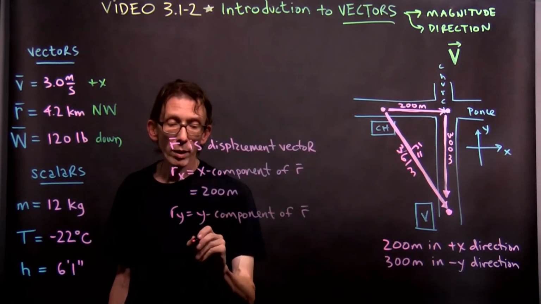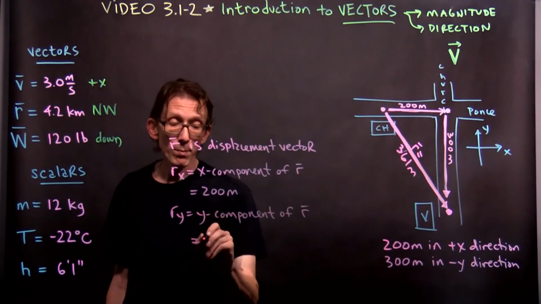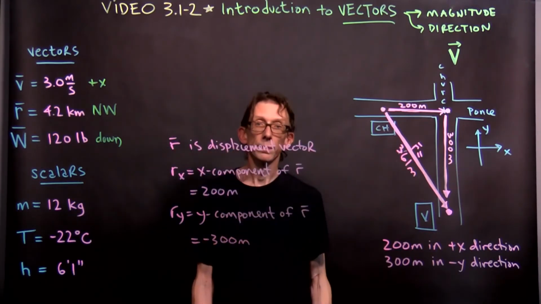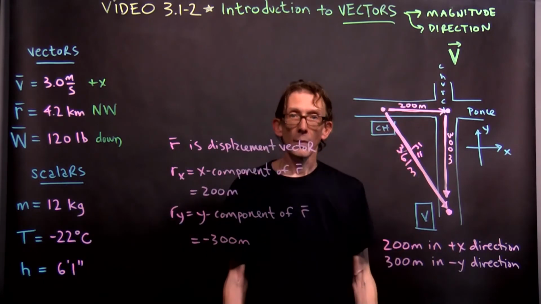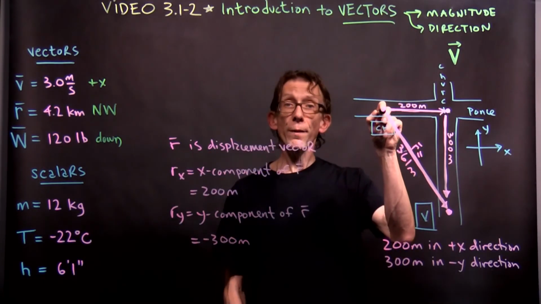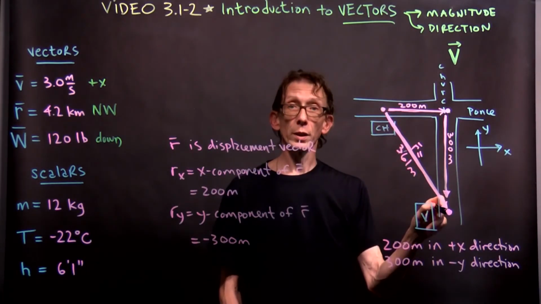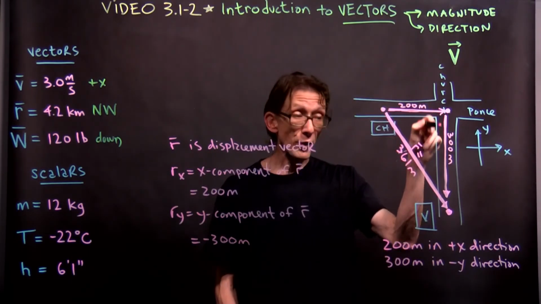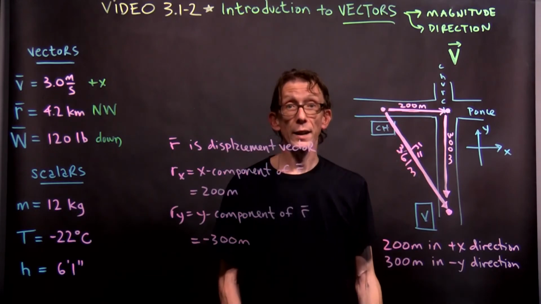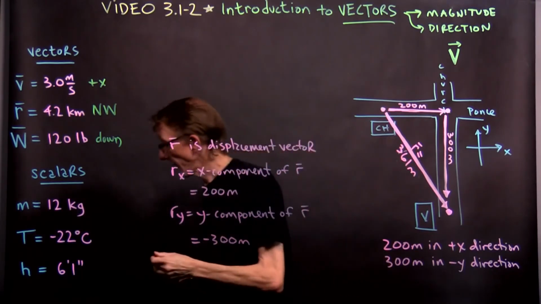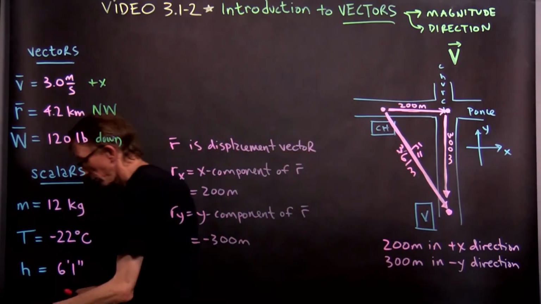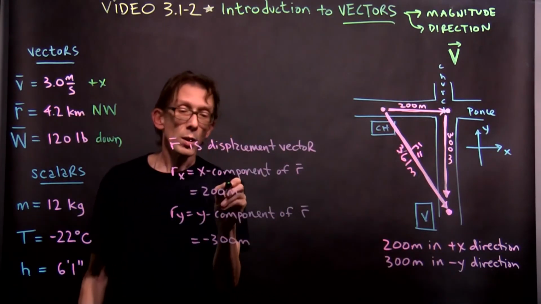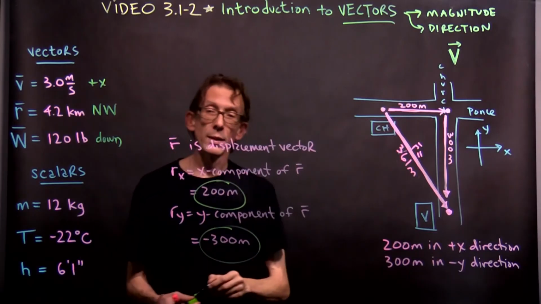And that y component in this example is minus 300 meters, because in order to go from in front of the courthouse to in front of Victory, you had to go 200 meters in the positive x direction and 300 meters in the negative y direction. Therefore, these values here are the components of r.